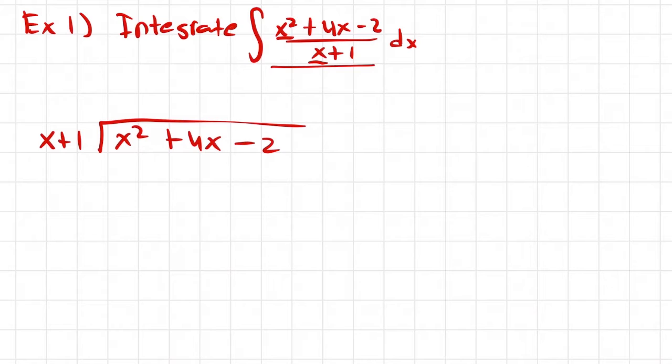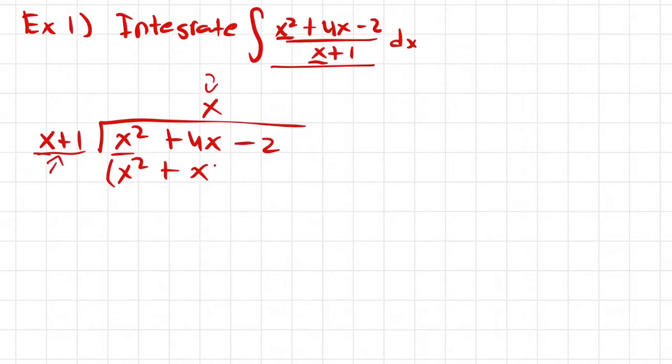I need to find a number that multiplies with x to give me x squared. In this case, that number would be x. So we're going to multiply this x with x plus 1. x times x is x squared, and x times 1 is positive x.